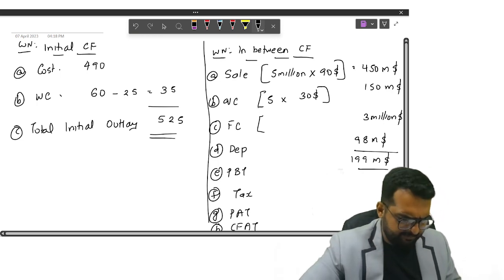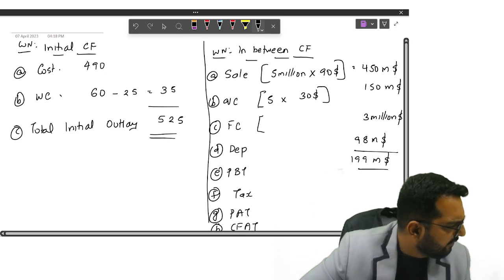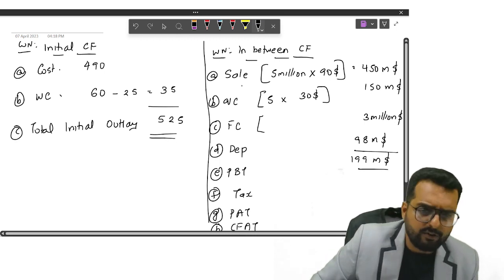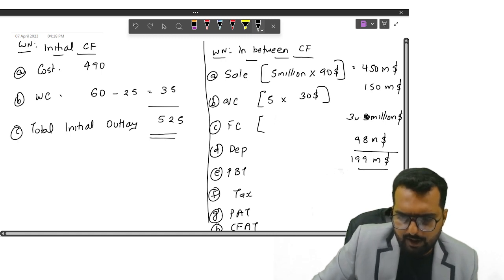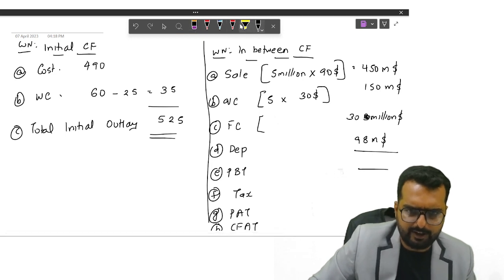450 minus 150 minus 3 minus 98 would be 199. Friends, is this correct? Yes, that is correct. Oh, hold on. Fixed cost is 30. I think that is where I went wrong. Thank you for correcting me. Fixed cost is 30. It was a copy paste mistake.